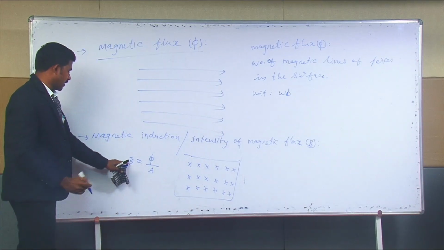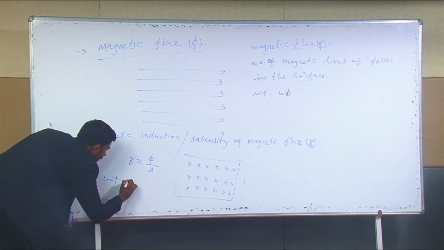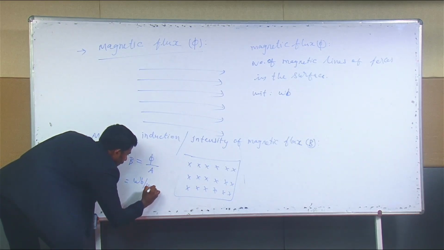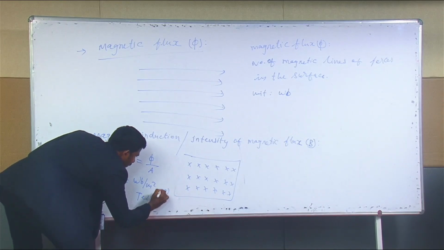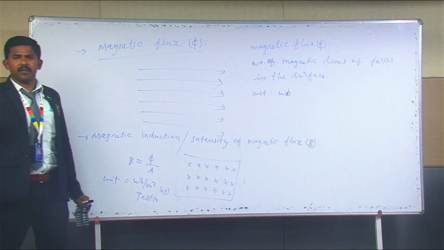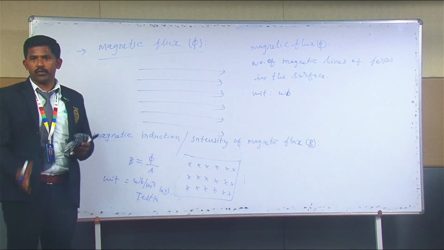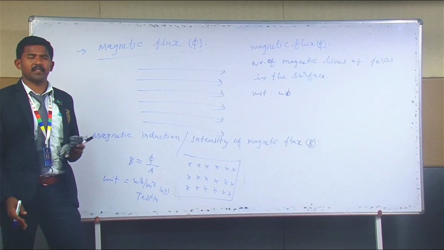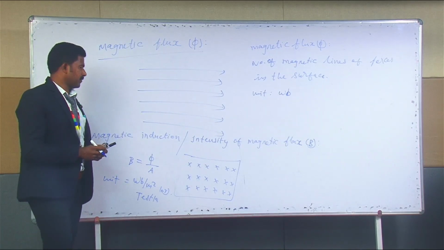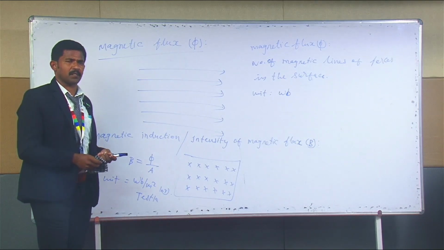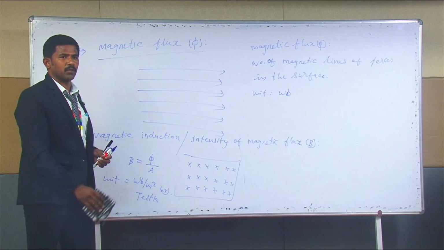That is why B is equal to phi by A. The unit is Weber per meter squared, or we can say Tesla. In magnetic materials they use both unit systems, the CGS unit as well as the SI unit. You can keep any one unit as a standard, because in research also they use either standard, so there is no need to be confused.